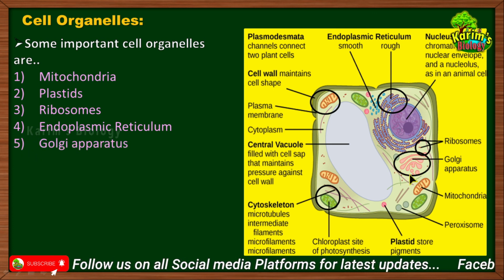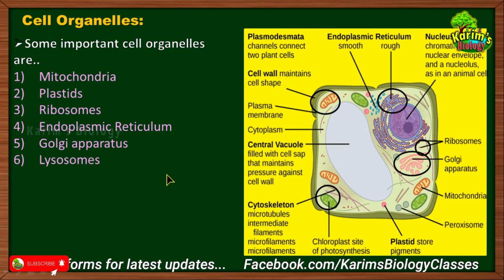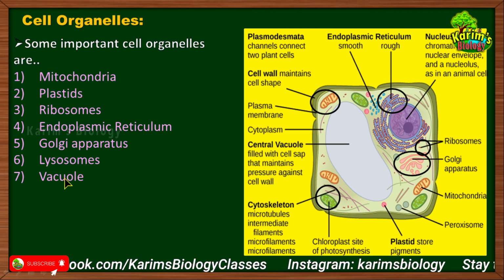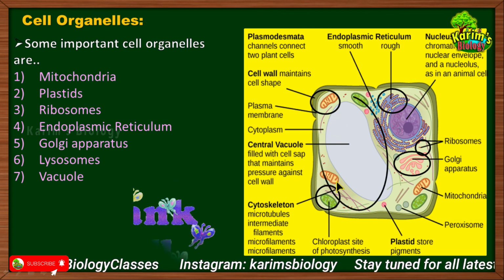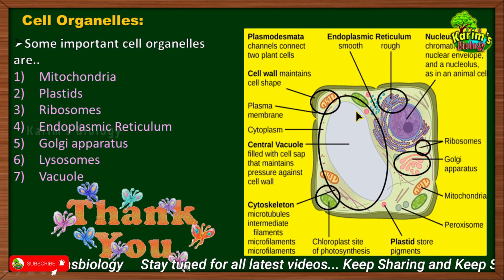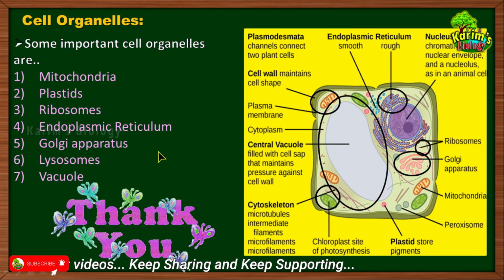Golgi complex, for packing and modification of proteins. Lysosomes are responsible for breakdown of old or worn out cell organelles and also for protection. Vacuole is responsible for storing water in the cell. Okay, so from my next session onwards, I will explain about all these cell organelles one by one.